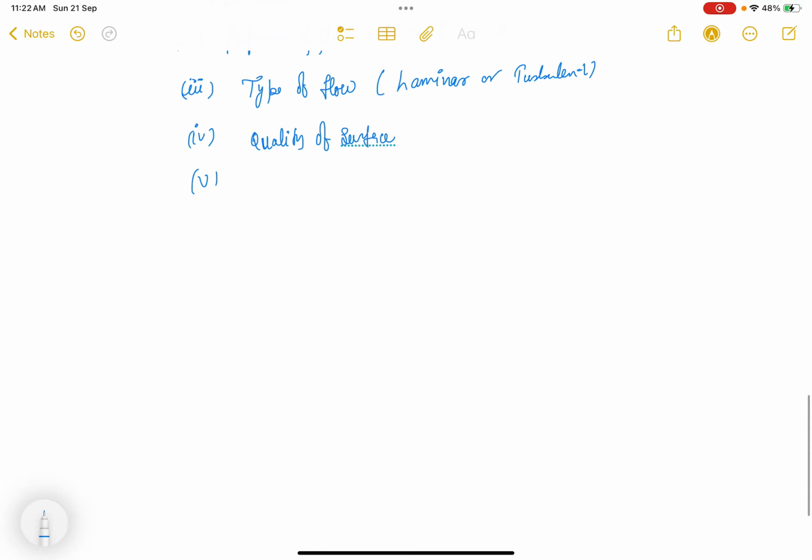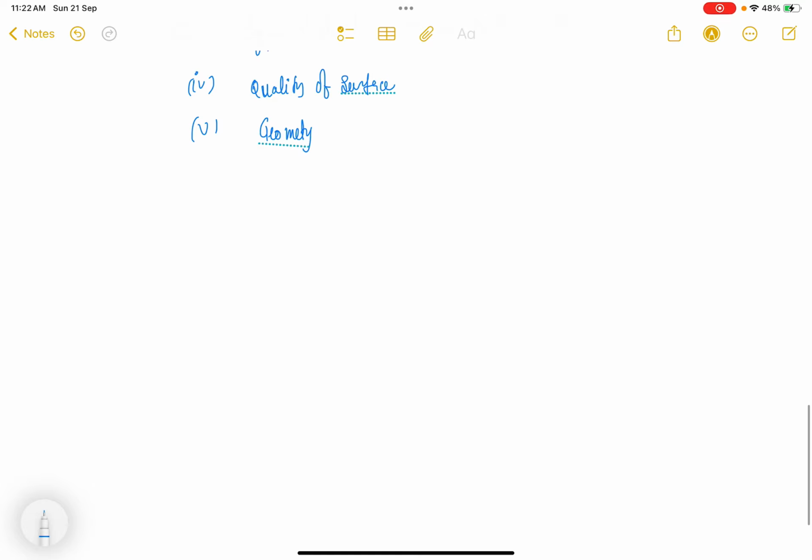Next is geometry of the surface. Is it a flat plate or a confined tube, right, or flow over a sphere like that, and also the position of surface.